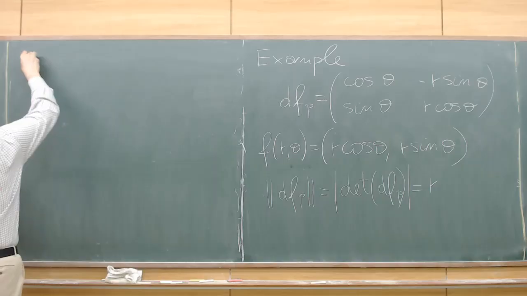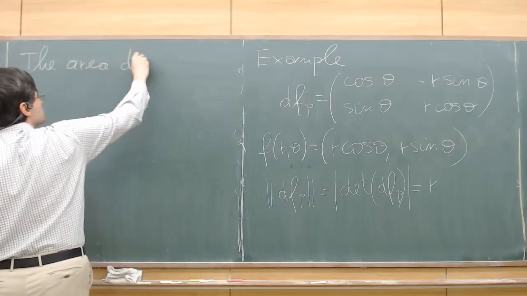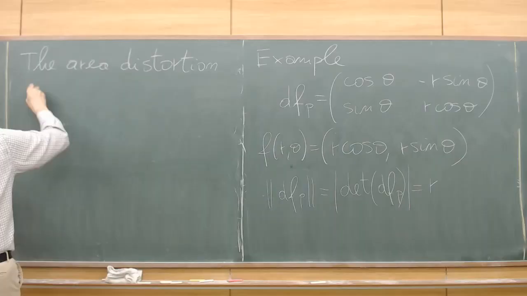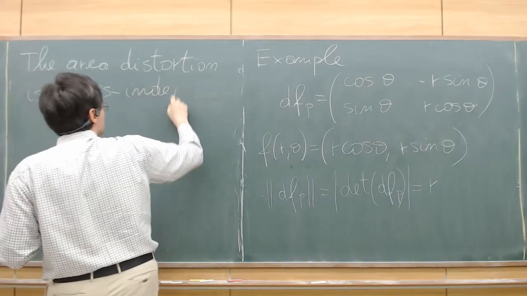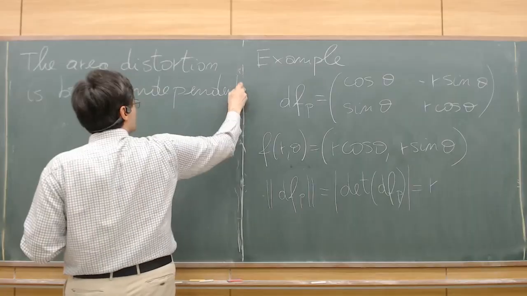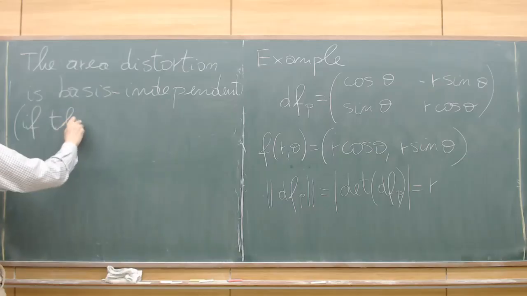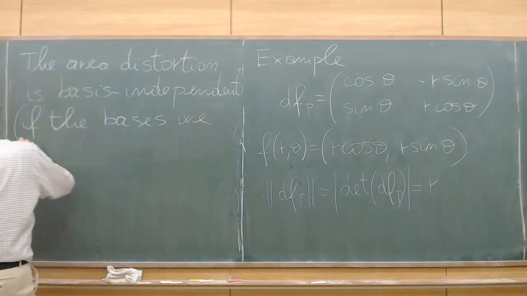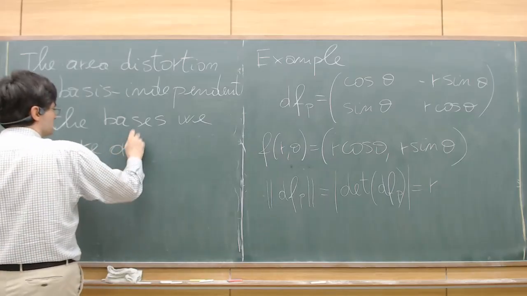The area distortion is basis independent if the bases we use are orthonormal.